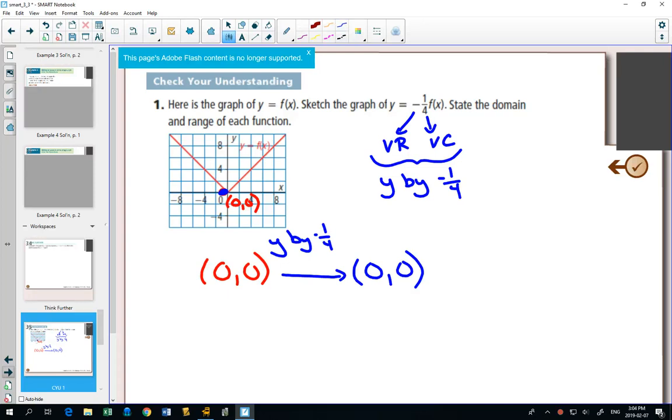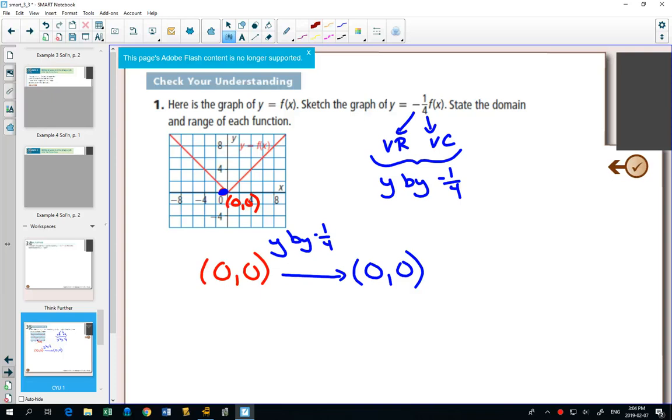Now, I could pick any other point on my red graph. But if I wanted to deal with whole numbers or integers, what would be a nice value to use off my red graph if I know that I have to multiply the y coordinates by -1/4? Like I could choose 1, 1, but then I'm going to get a fraction, which isn't bad, just not as nice to graph.